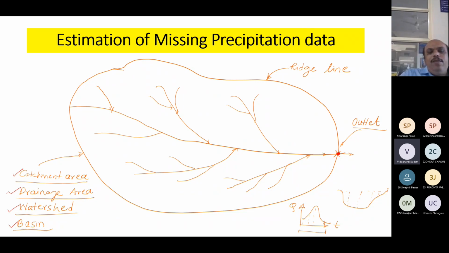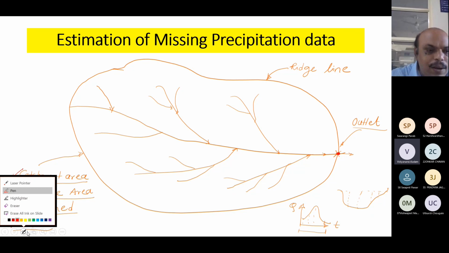Is it clear to all what is a rain gauge network? It consists of a number of rain gauge stations. Suppose in this area we want to know the average precipitation.